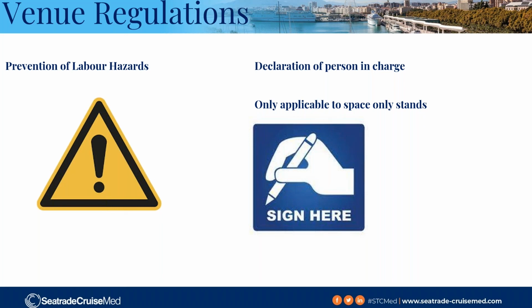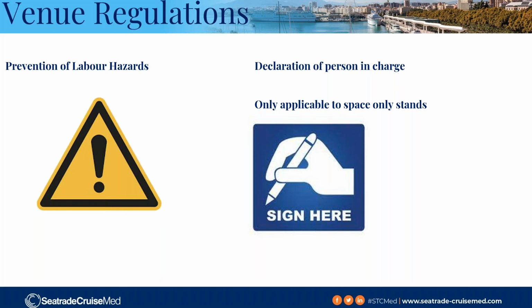But just to give you a quick overview, the prevention of labour hazards is basically the health and safety documentation from the venue, which comes accompanied by a letter that needs to be signed either by yourselves or your contractors, just to say that yes, you understand and you will adhere to their health and safety working practices.